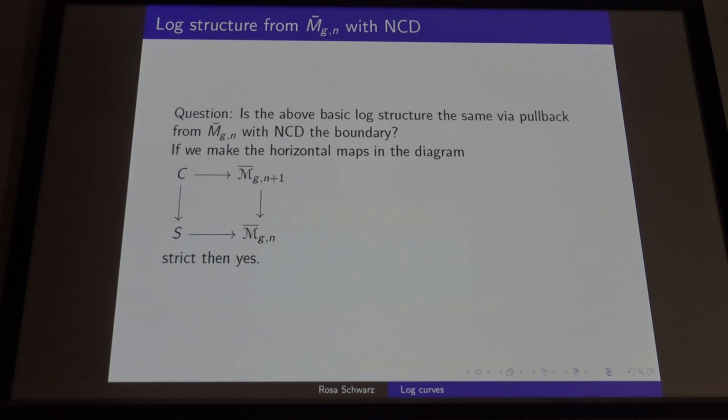Okay. But for this normal crossings divisor business, you don't need it. The stack of pre-stable curves still has a normal crossings boundary, and I think this all just goes through. I don't see what would go wrong if you told the whole story in one context. The problem is that it will be infinite dimensional, because you can subdivide edges infinitely and you get infinitely many lengths. So it's not going to be a very nice space. I think that's the main reason.